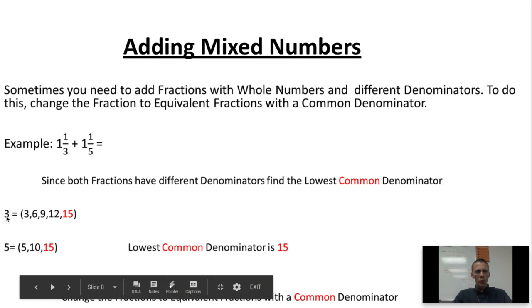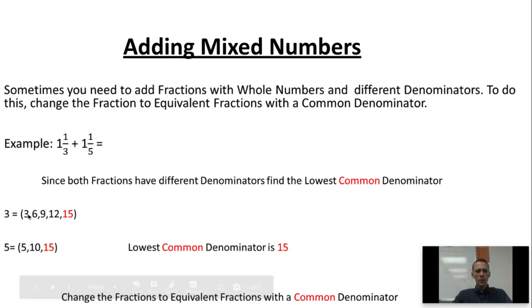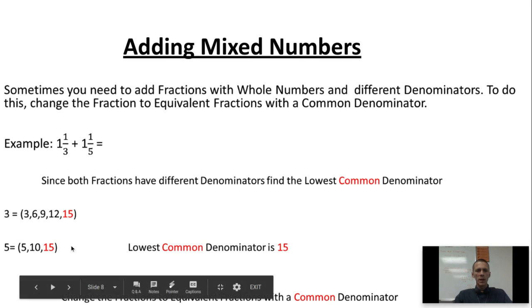We take 3 and count the multiples up: 3, 6, 9, 12, 15. Now we're going to do the same thing for the second denominator, 5: 5, 10, 15. Notice the lowest common number was 15, so our lowest common denominator is 15.